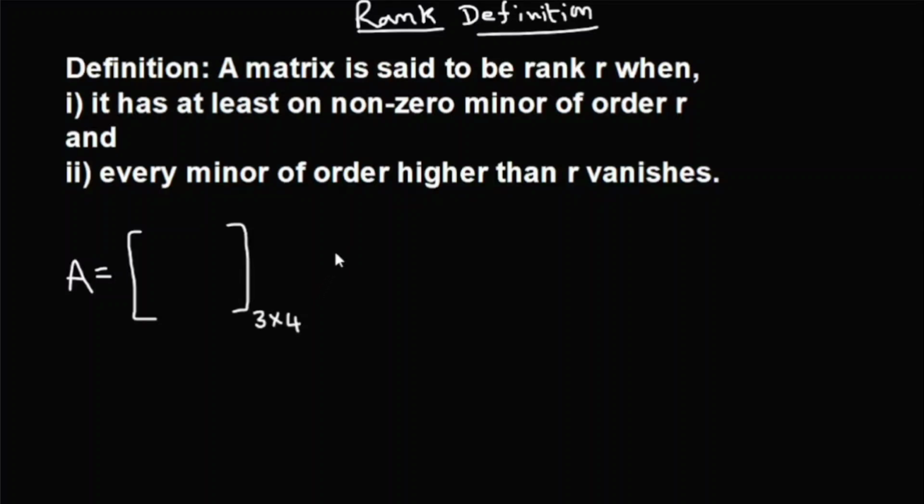You can have a minor of order maximum 3. Therefore, the rank can be maximum 3, or it can be 2, or it can be 1. So we do top-down parsing. First we check whether it is 3. If it is not, then we go for 2, then we go for 1.